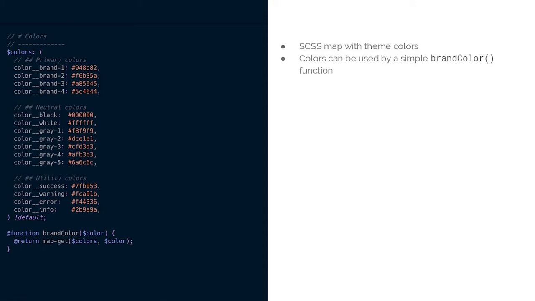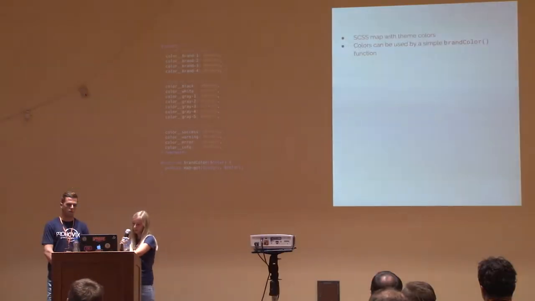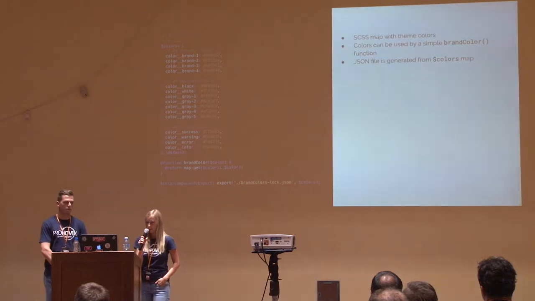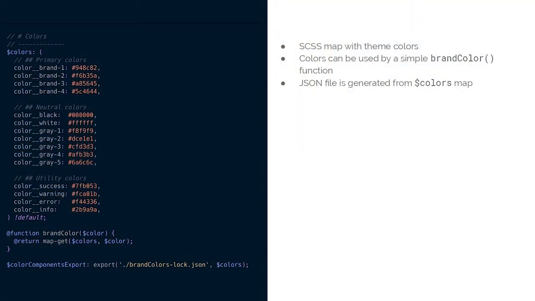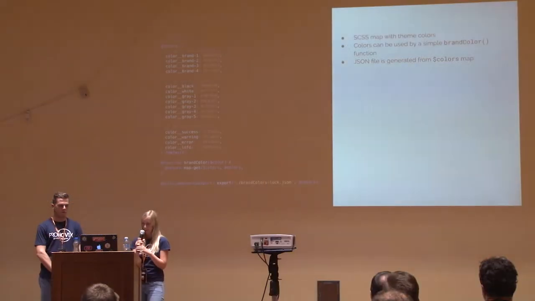And these colors can be retrieved using the brand color function, which we declared here, which is just a simple map-get function in SCSS. And after that, we export this colors map into a JSON file, which will be used later in Drupal, because we can process the JSON source with Drupal so that we can use the same colors in PHP, and we don't need to declare them again.